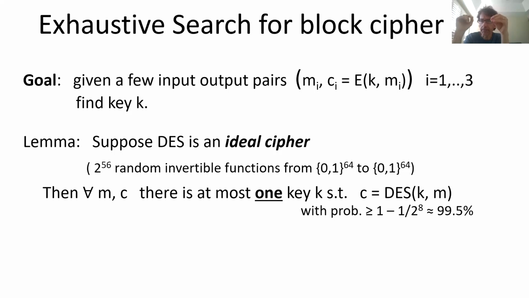For every key, it creates a new random permutation on the appropriate blocks for the appropriate input domain, which is the block size. So it's as if this was a family of 2 to the 56 independent random functions, because that's how many keys there are.